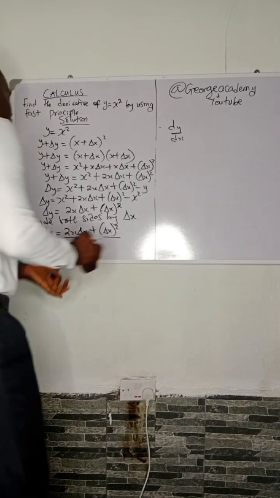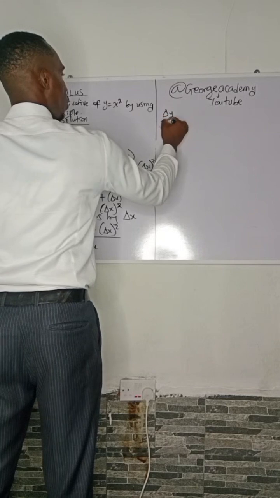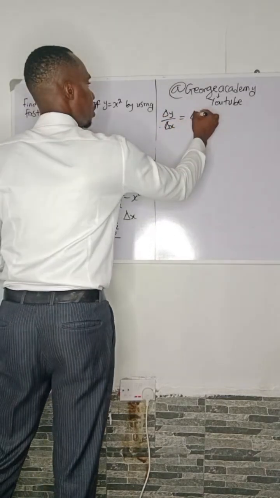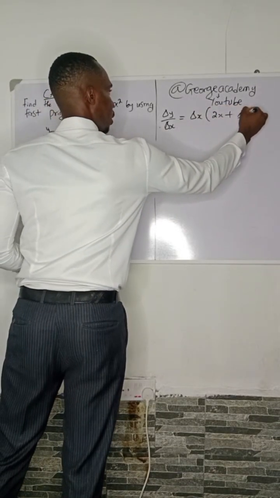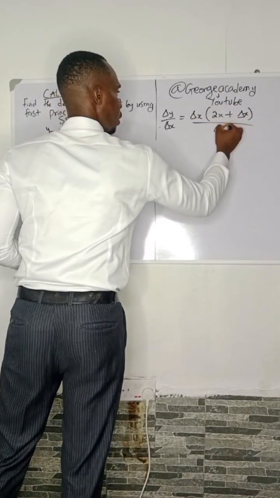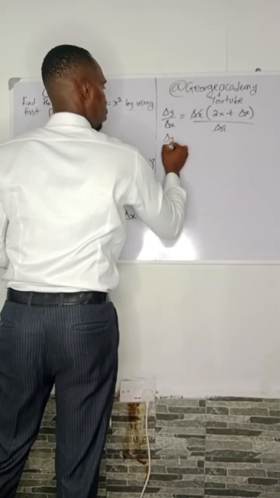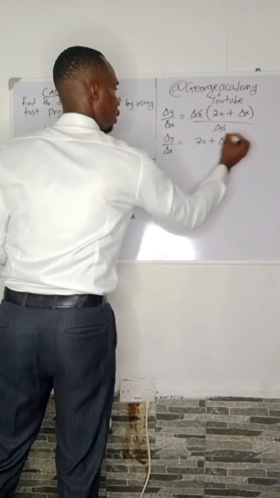So we can factorize this and get delta y over delta x is equal to delta x into 2x plus delta x all over delta x. Delta x cancels delta x, so delta y over delta x is equal to 2x plus delta x.